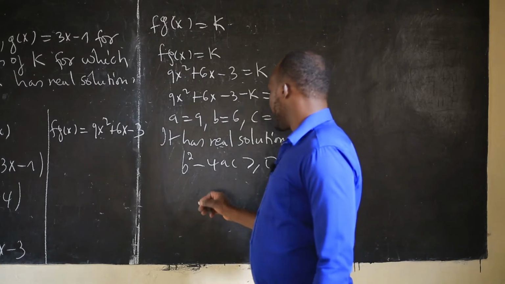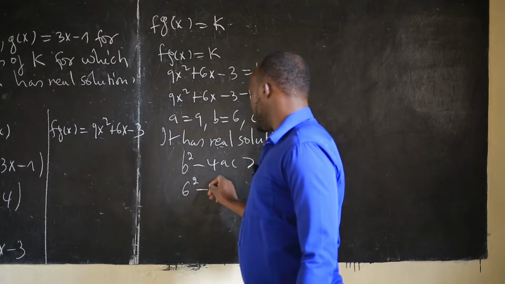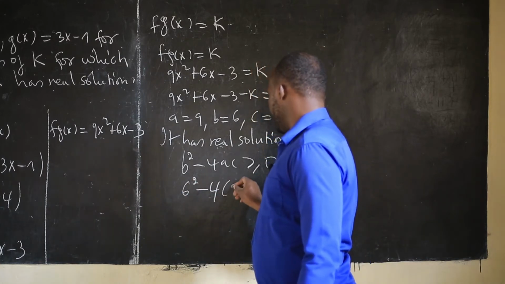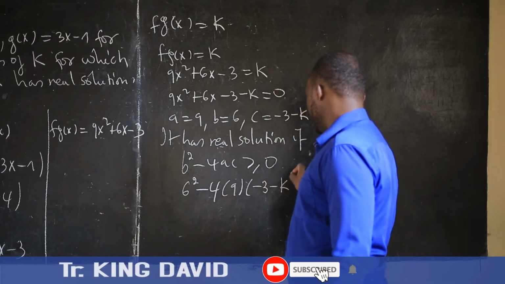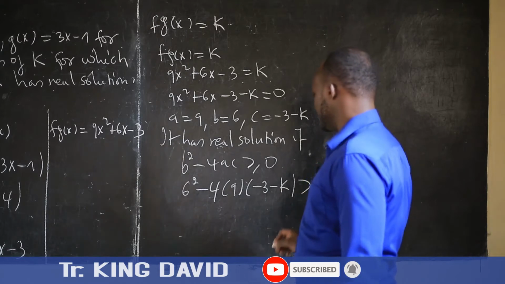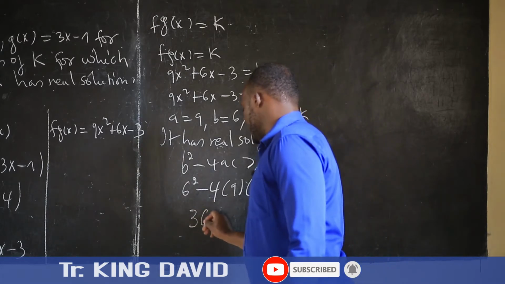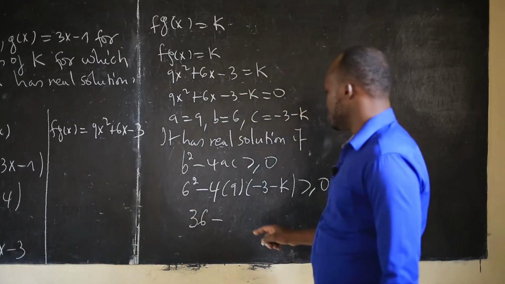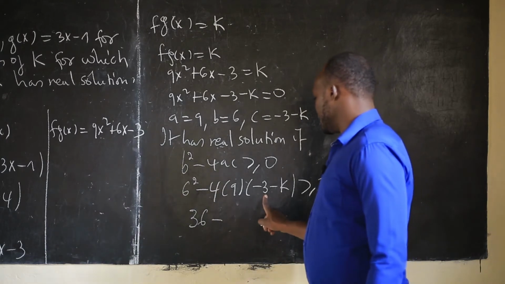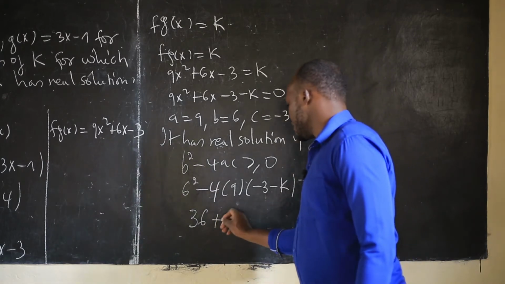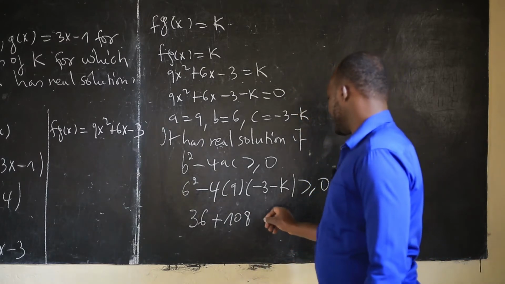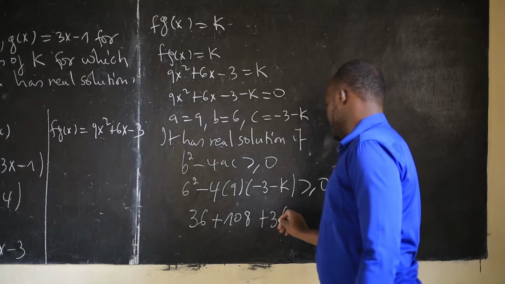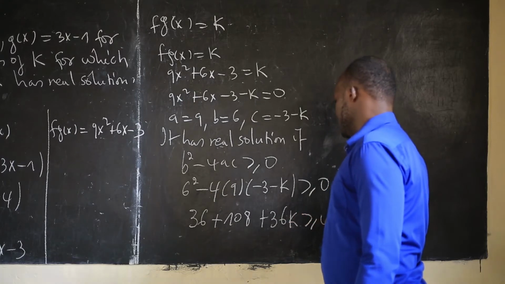So now what is b squared? That is 6 squared minus 4 times a, what is our a? 9, times our c, which is negative 3 minus k, which is greater than or equal to 0. So that is 36 minus 36 times negative 3, that's positive 108, then plus 36k, which is greater than or equal to 0.